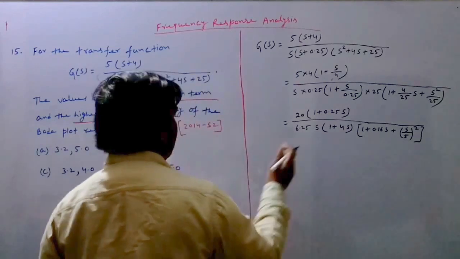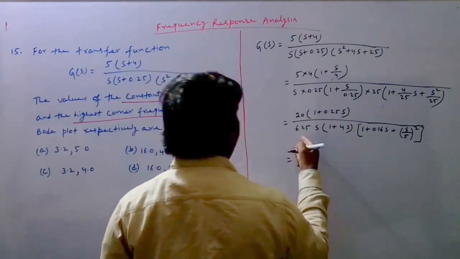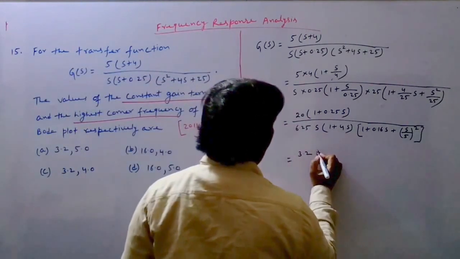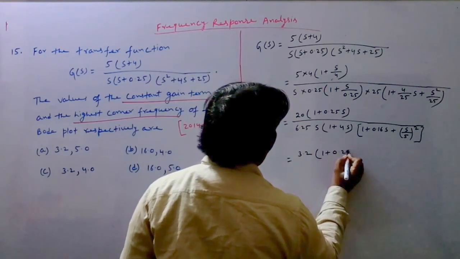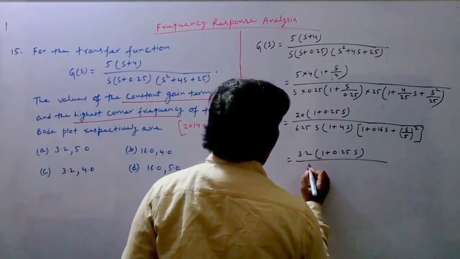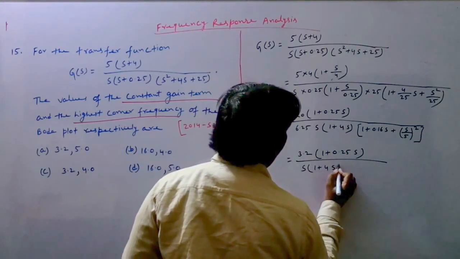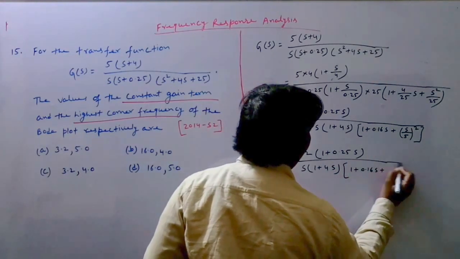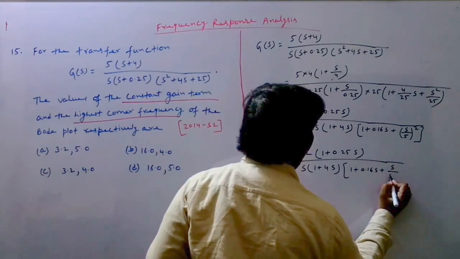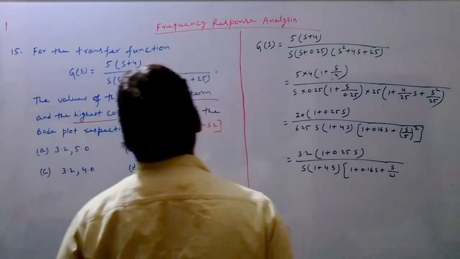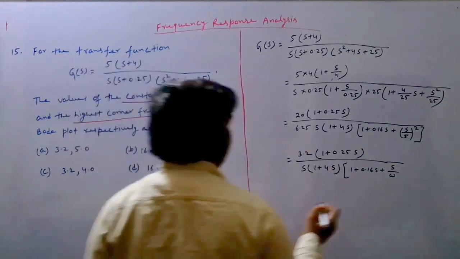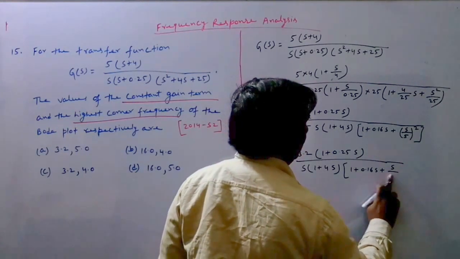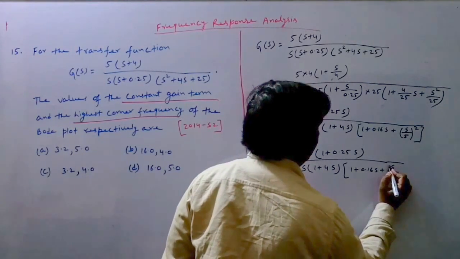So 1 plus 0.25 s, and this is s, 1 plus 4s. Here 1 plus 0.16 s plus s divided by omega c, you can say omega c. So we can write here 5 this square.